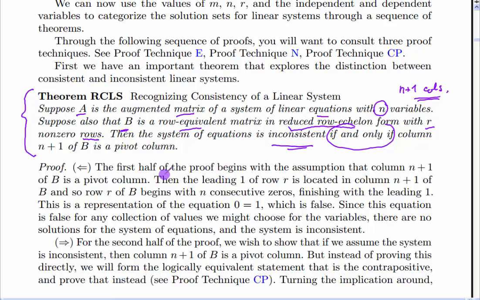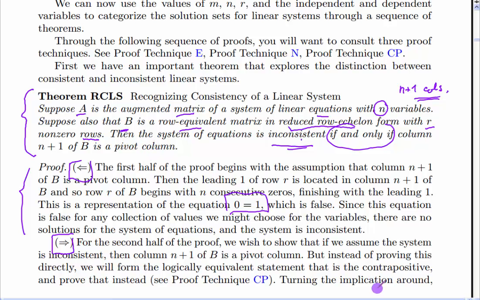Now, the informal discussion that I just gave corresponds to the proof that he gives here. What does this mean? He's first proving that if column n plus 1 is a pivot column, then the equations are inconsistent. He says that if the n plus 1 column is a pivot column, then that corresponds to the equation 0 equals 1. Now he's trying to prove the other way, which is to say, if the system of equations is inconsistent, then column n plus 1 is a pivot column.